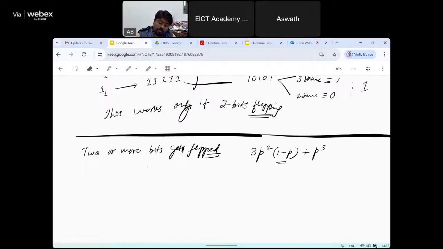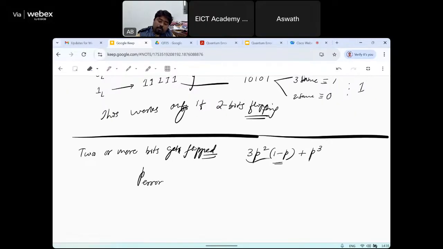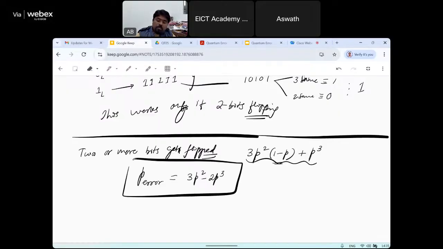So the probability of error occurring, with some mathematical algebra, you can find out this is 3p square minus 2pq. This is an expression, right?